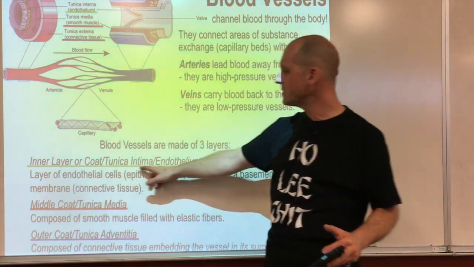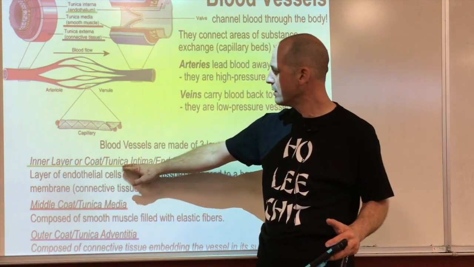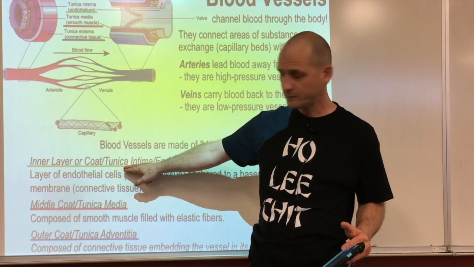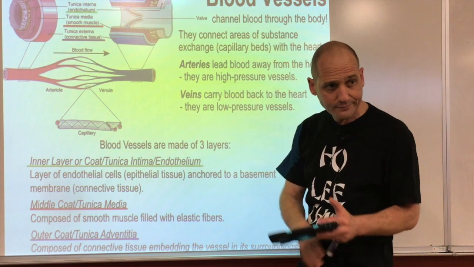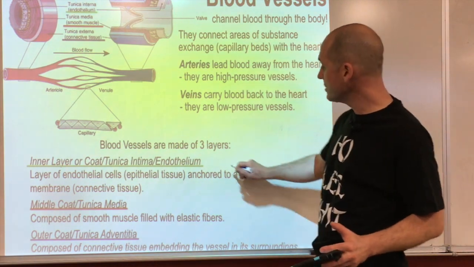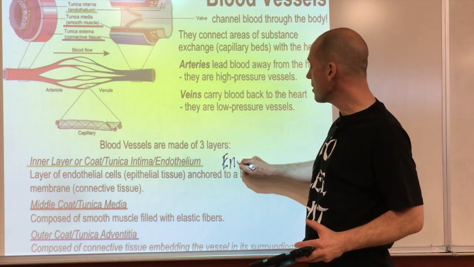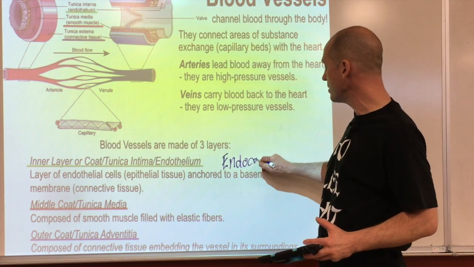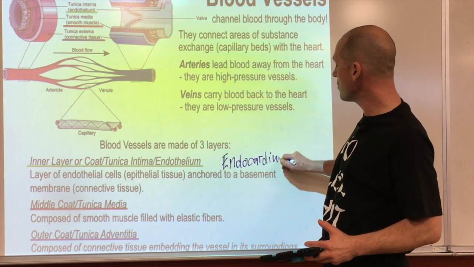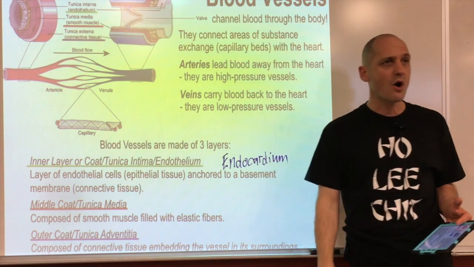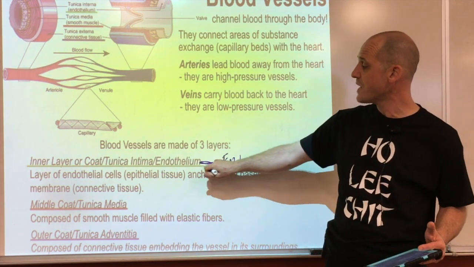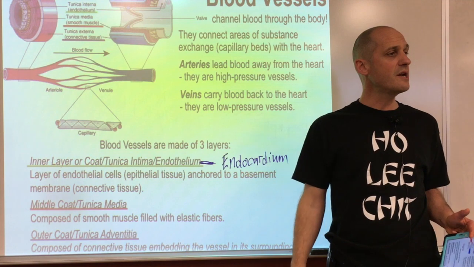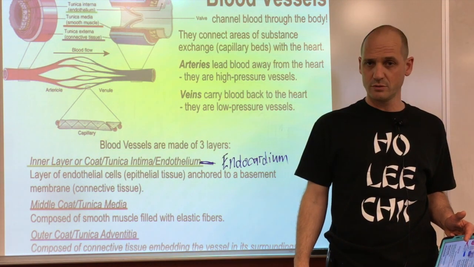The inner layer is also known as the tunica intima, the deepest, or also the endothelium. And we had this term called endocardium. I know it's a long time ago now, but it's in the book somewhere. Endocardium is the innermost layer of the heart, and that is continuous with the endothelium, which is the innermost layer of the blood vessels.